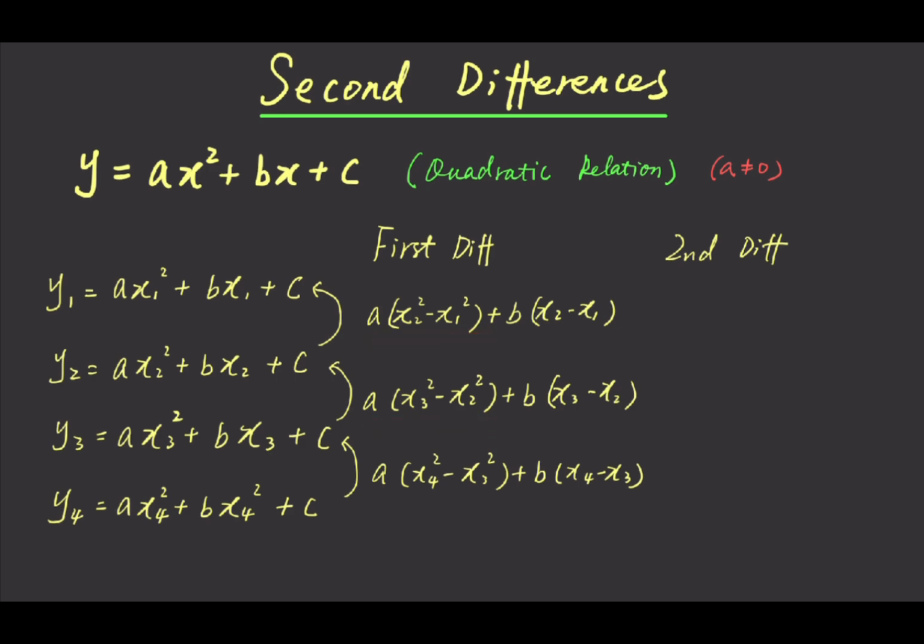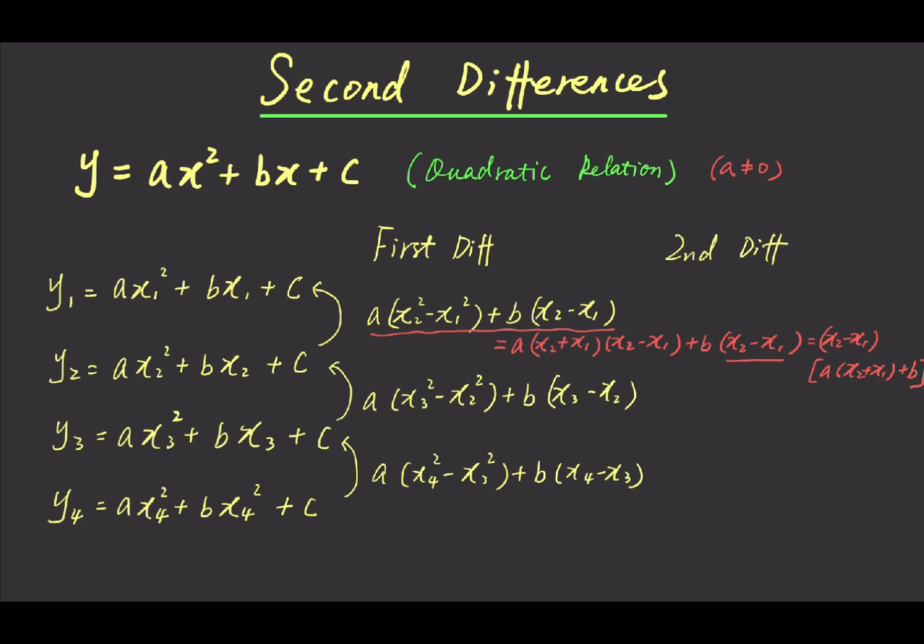We have known this one equals a times x2 plus x1 times x2 minus x1 plus b times x2 minus x1. We isolate x2 minus x1. We get x2 minus x1 times a times x2 plus x1 plus b.